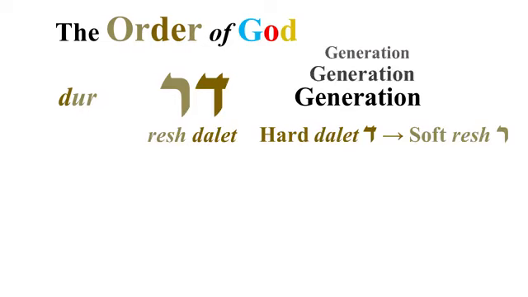If you're raising kids, if you're a school teacher, if you're doing anything with kids, you need to start with a hard dalet. Here are the rules. Be a disciplinarian. Be a little bit strict. And then, once you've established the rules, then you can soften it with a resh, a softer one. Okay? And if you do that, generations will proceed.